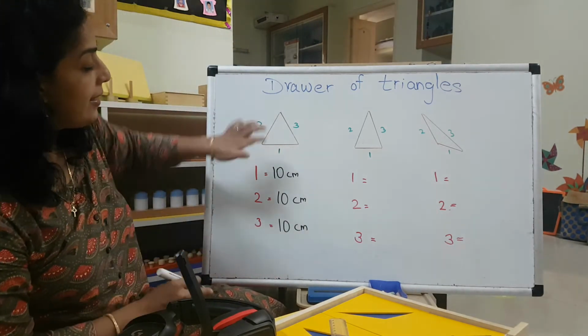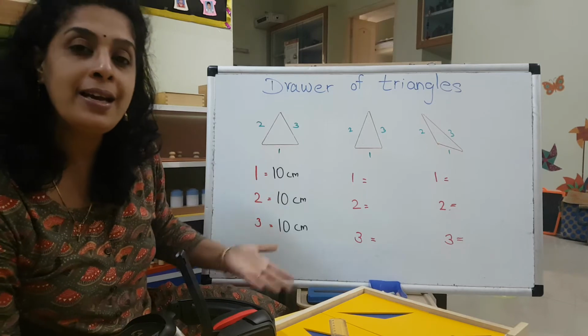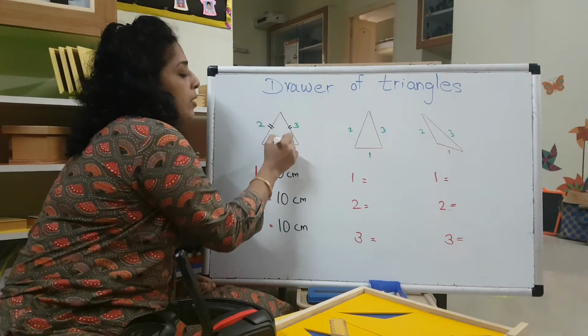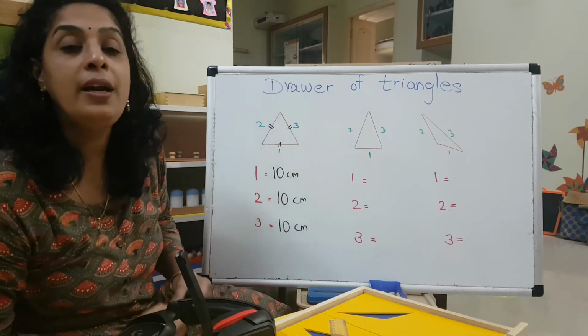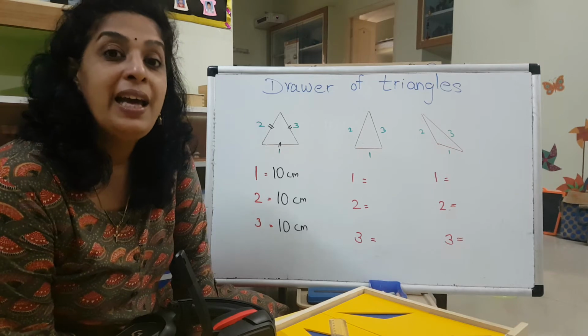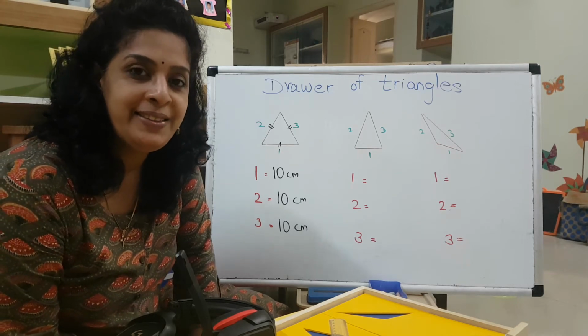So they are all equal. Because they are all equal, you call it equilateral triangle. Can you say? Equilateral triangle.